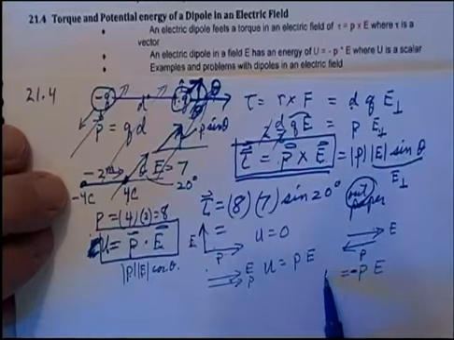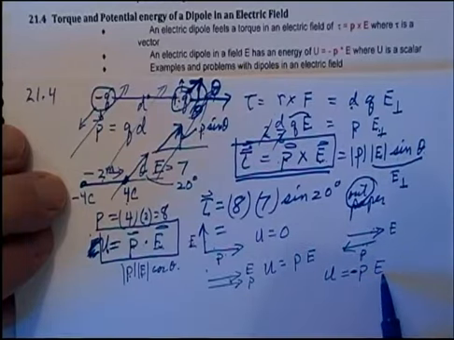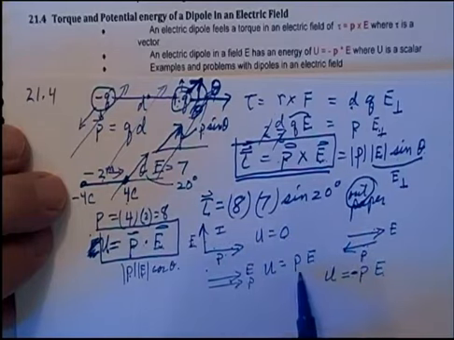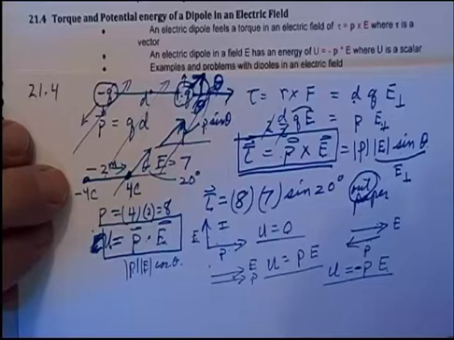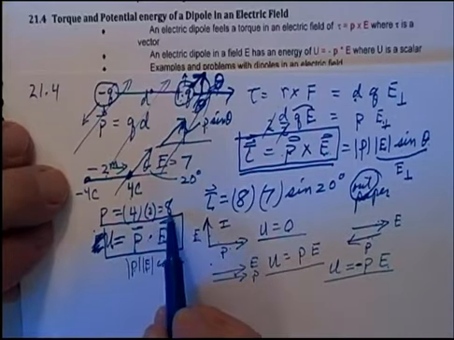So we can see the energy here, if they're in opposite directions, is minus P times E. If they're perpendicular, it's 0. And if they're in the same direction, it's P times E. So I've given 3 cases here. And of course, if you know the angle, then you just write P, like we did here.